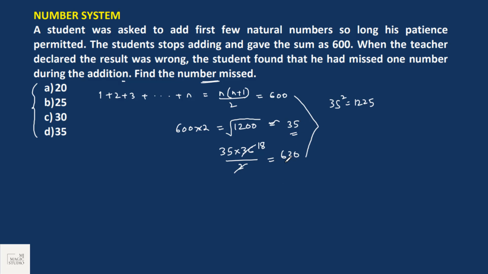Now you can compare. Total that he was supposed to give was 630, but he has given a total of 600 only. So the number which is missing out is 630 minus 600, that is 30. Straight away you will get the answer. This is the missing one. That's the best technique to solve triangular number questions.